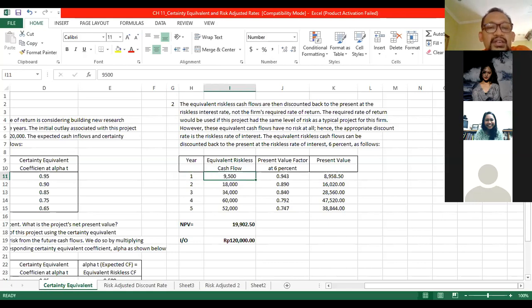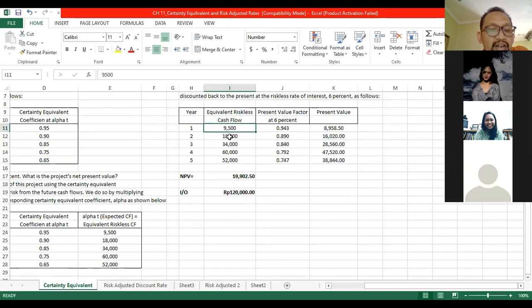You just move all of these numbers into here, and then you use the present value factor of 6%.